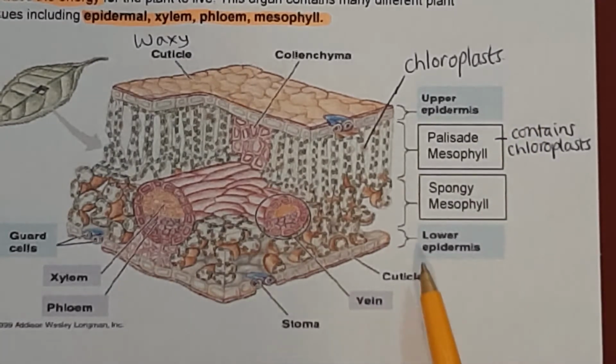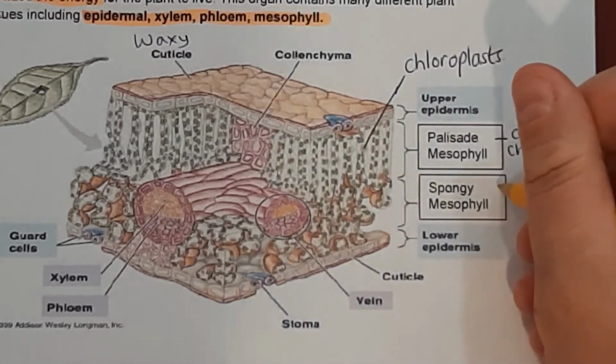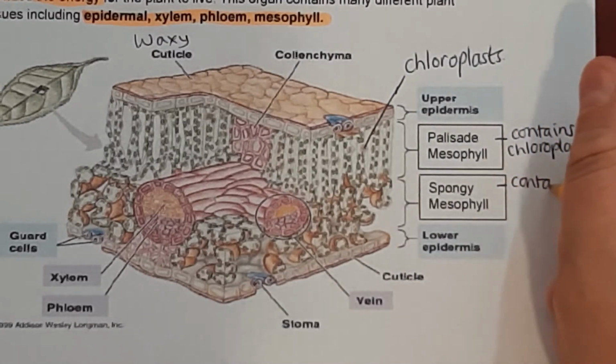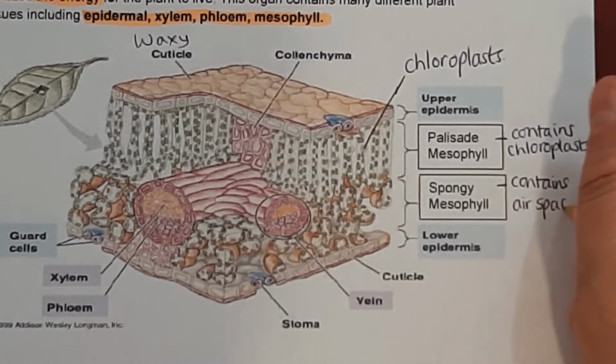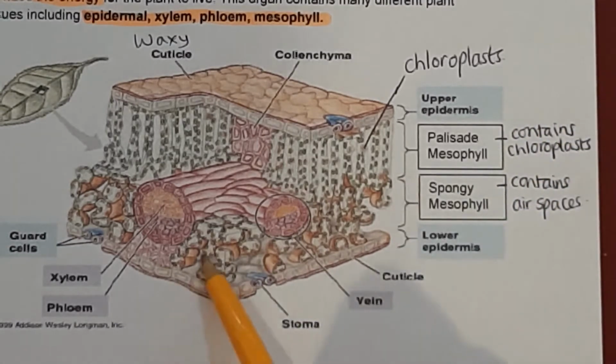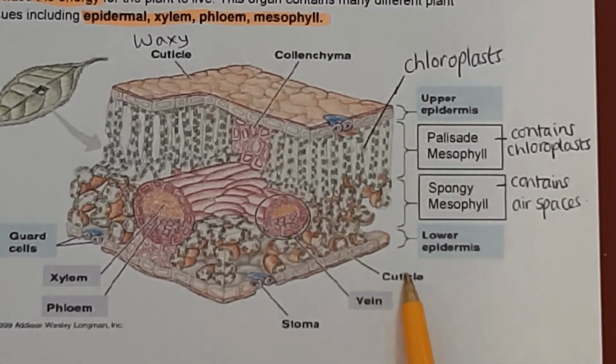Okay, so this spongy mesophyll has air spaces. And you can see that here. You can see all the sort of gaps between the cells. And then we have the lower epidermis, which is just the bottom layer of the leaf.